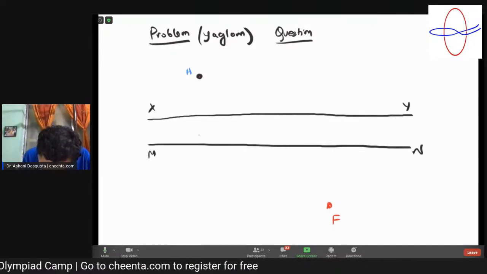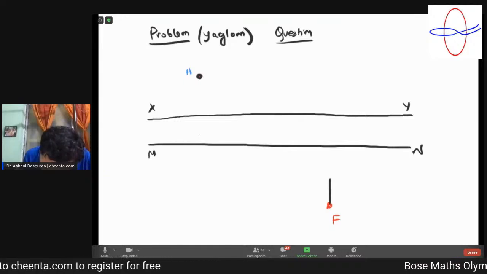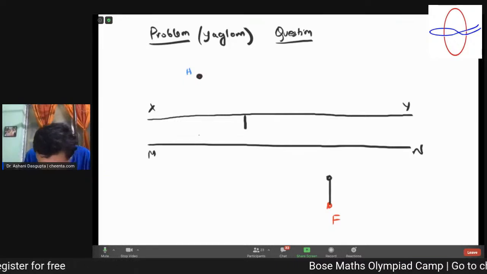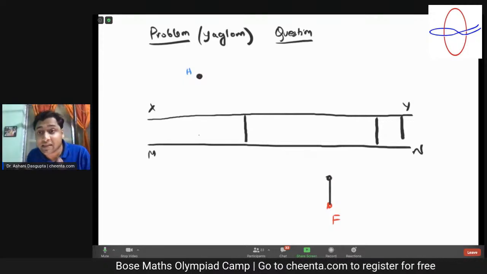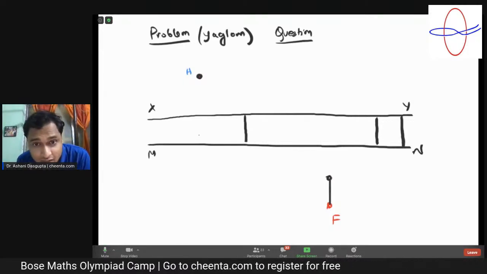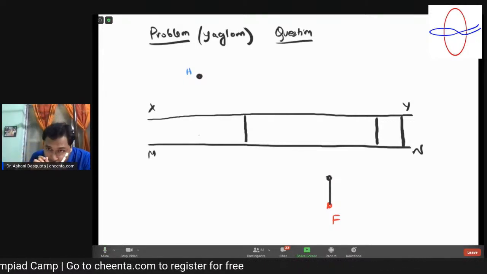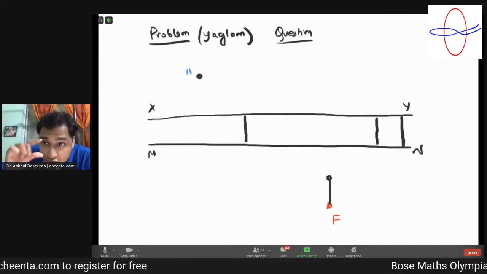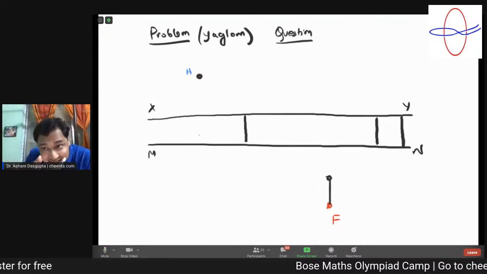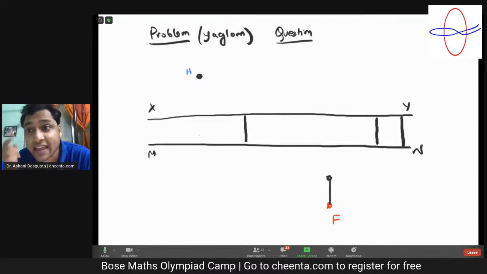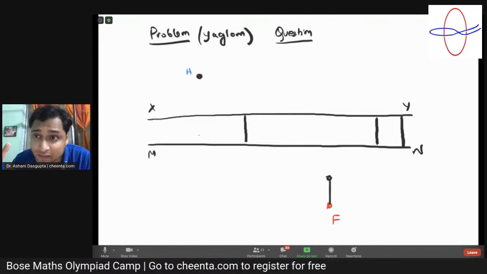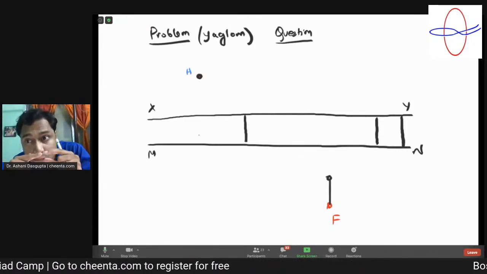Okay, let's do that. So if this is the length of the bridge, wherever you draw it is the same length because the banks are parallel. So Shaurodeep is saying push the point F by the bridge amount, staying perpendicular to the bank of the river. He gave me the distance, how much the point F should be moved.